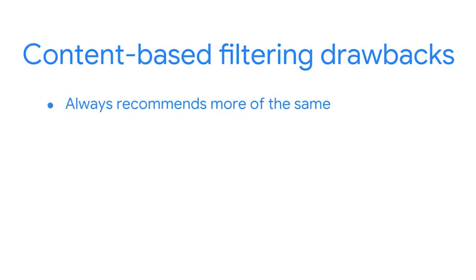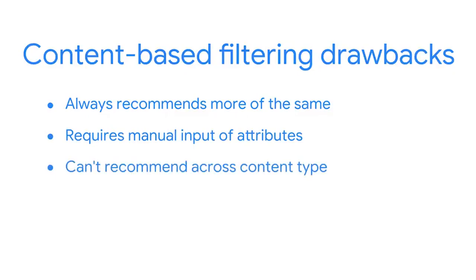Users won't be introduced to something that diverges from what they've selected in the past, or learn something new. Another disadvantage is that the attributes often have to be selected and mapped manually for all the items, which is an enormous amount of work. Finally, content-based filtering is ineffective at making recommendations across content types.